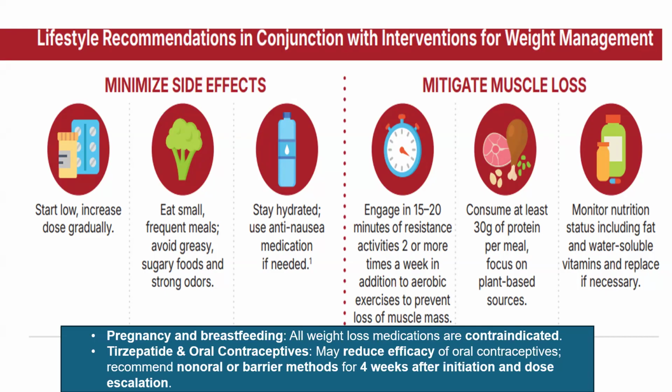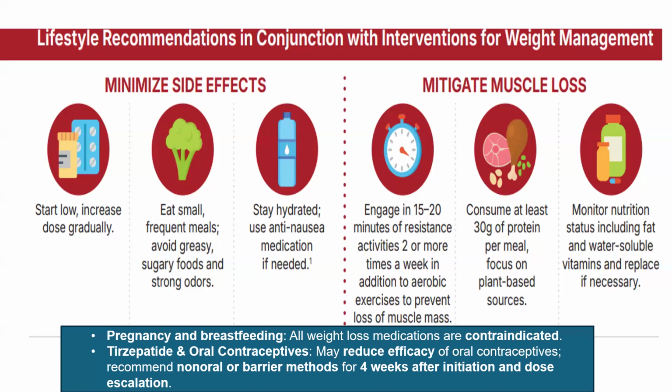Engage in 15 to 20 minutes of resistance training exercises 2 or 3 times per week, in addition to aerobic exercises, to prevent loss of muscle mass. This is very important and quoted now in these guidelines. With more weight loss because of these medications, there is a chance of sarcopenia or muscle loss happening.